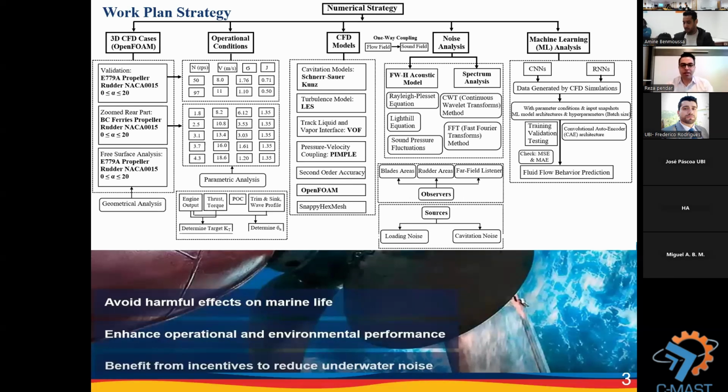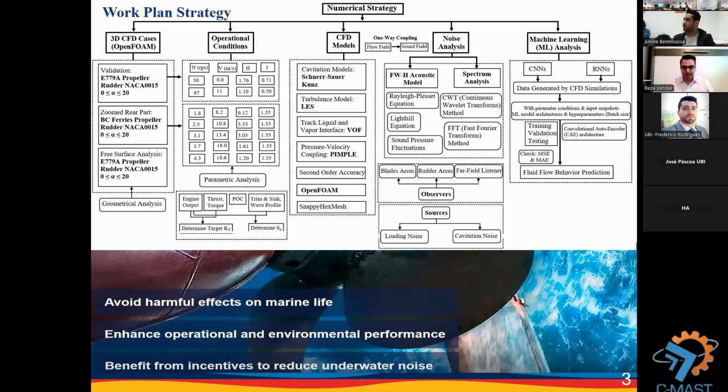For noise analysis, we used different models. The Ffowcs Williams-Hawkings acoustic model is a very strong and very useful model, which can be used for prediction of noise in far-field areas. And we also employ the continuous wavelet transform and fast Fourier transform methods.